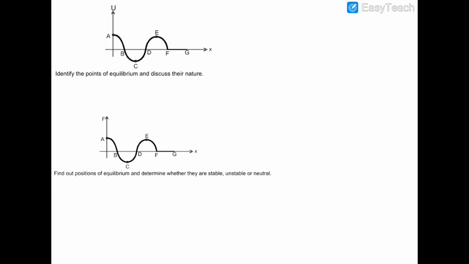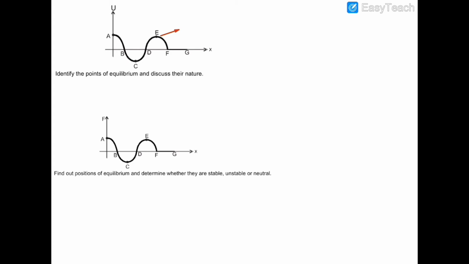In fact, I can tell you that this point A does not have a 0 slope, so A is not an equilibrium point. So equilibrium points are C and E, out of which this point E has the highest potential energy.